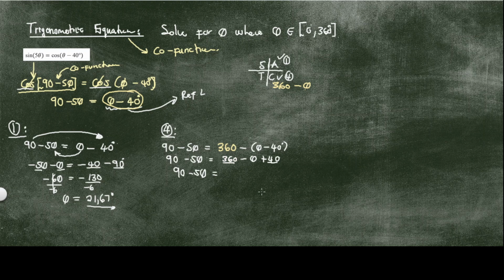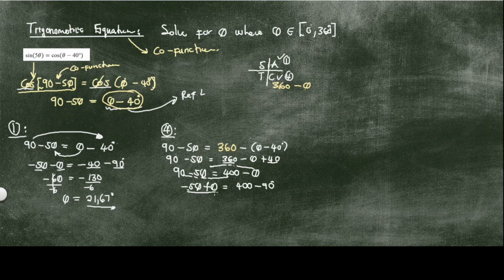What's the answer? It's 400 minus theta. Then we transpose: minus 5 theta plus theta equals 400. The 90 degrees is transposed to the right-hand side as minus 90.